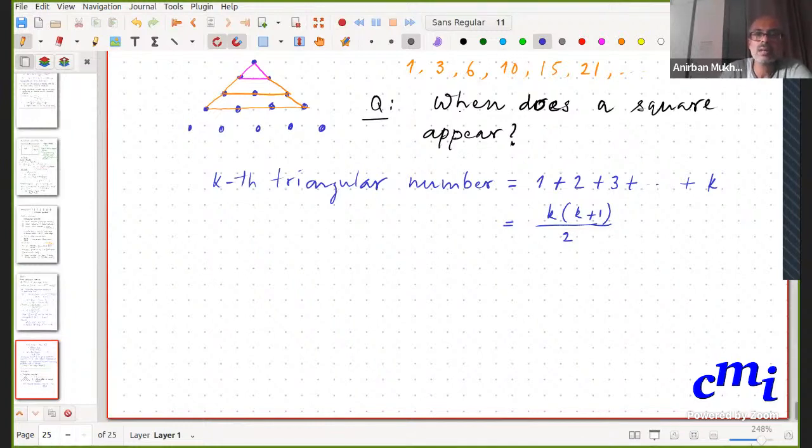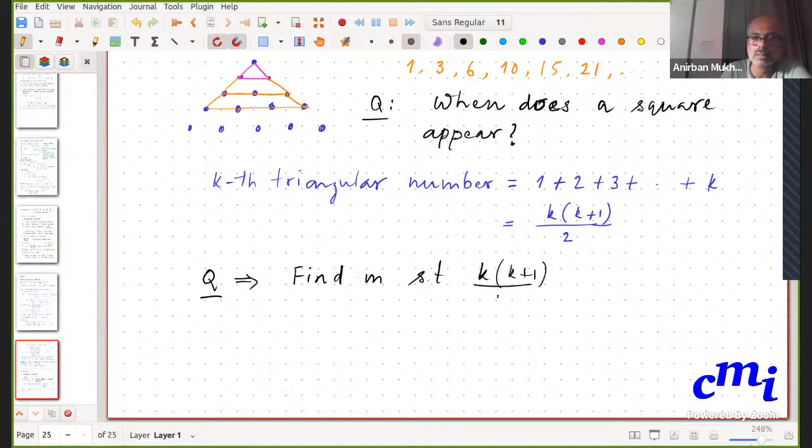So the question now turns to be this: find an m such that k into k plus 1 by 2, for some k, is going to be m.